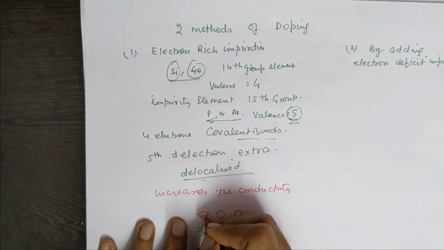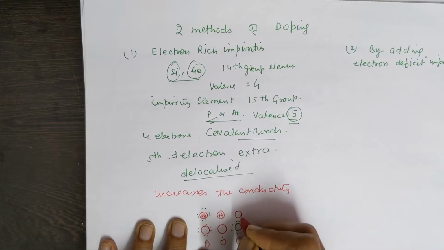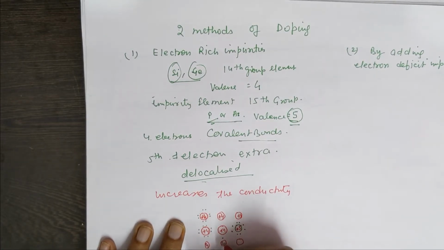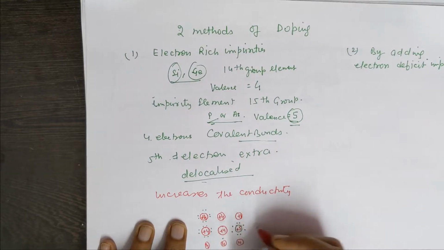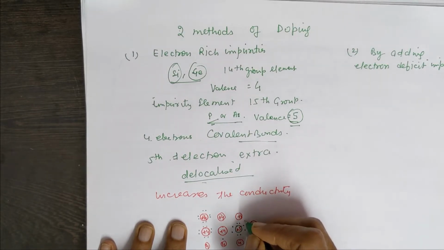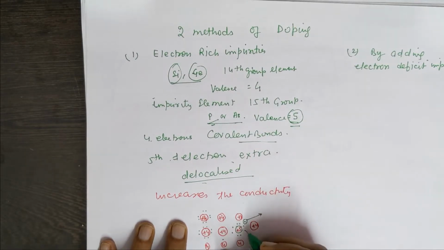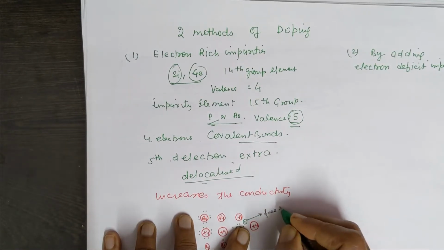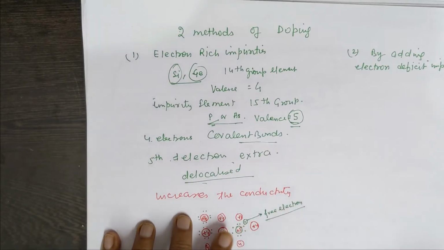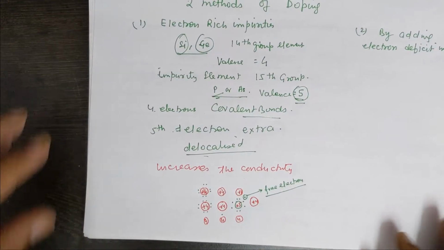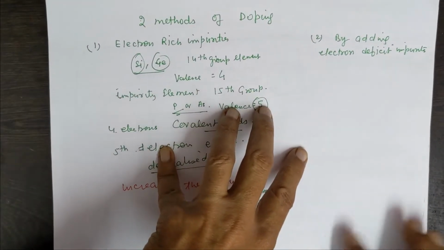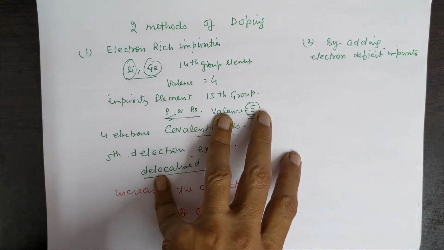This is silicon plus 4, plus 4, plus 4, plus 4. This is plus 5 valency. This is 4, this is 4, this is 4. So this electron, because 4 electrons formed covalent bonds, and the remaining 5th electron is a free electron, available for moving in the crystal, in the solid, and hence the conductivity increases.